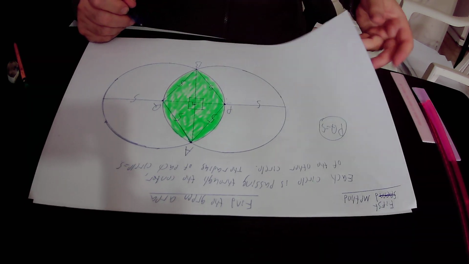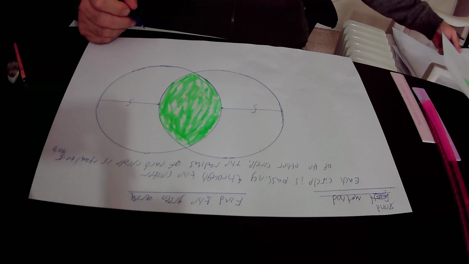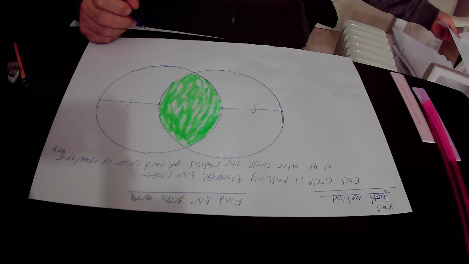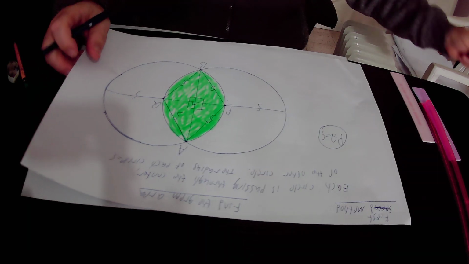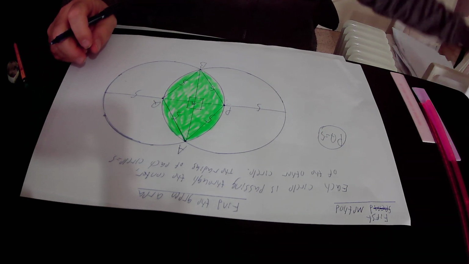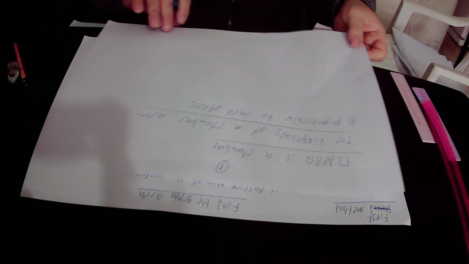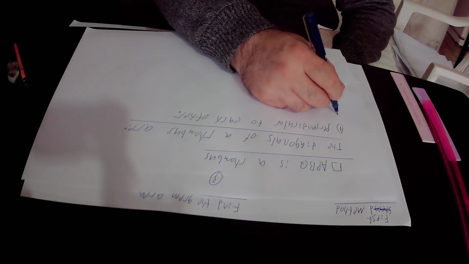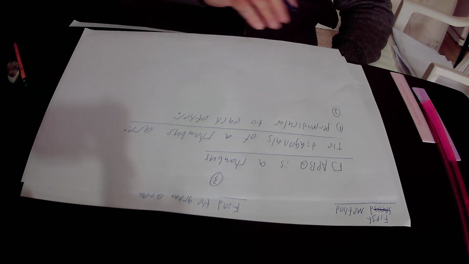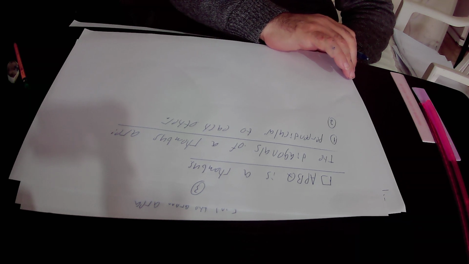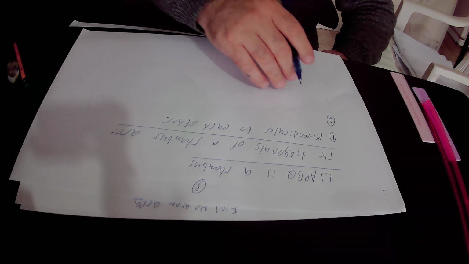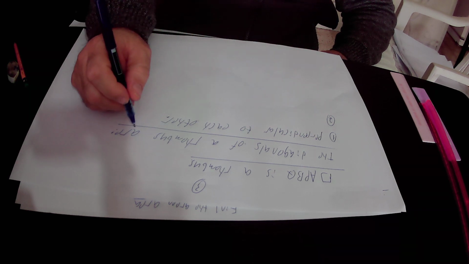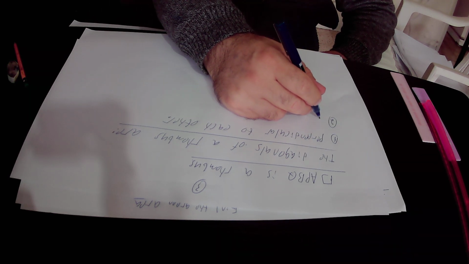And the second characteristic of a rhombus is that the diagonals of a rhombus bisect each other.